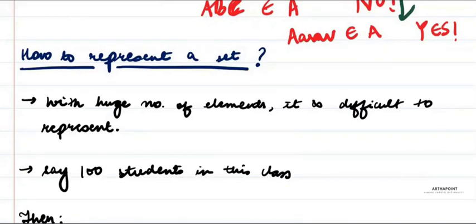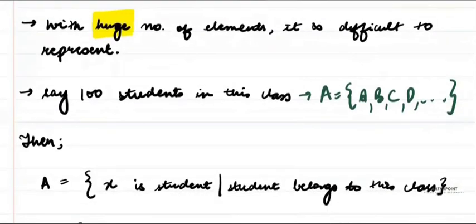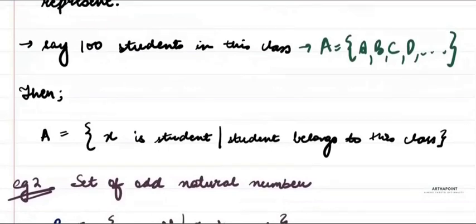Or I may have a set of 100 students in the same class. In that case, I cannot go ahead and start defining the set as individual A, individual B, individual C, D, and so on. This is not possible. So whenever you have a set which has a huge number of elements, I can use a certain way to represent this set.